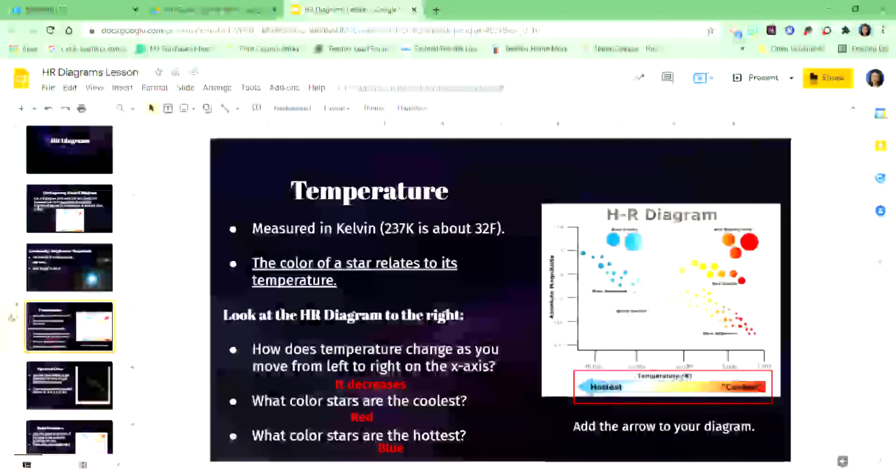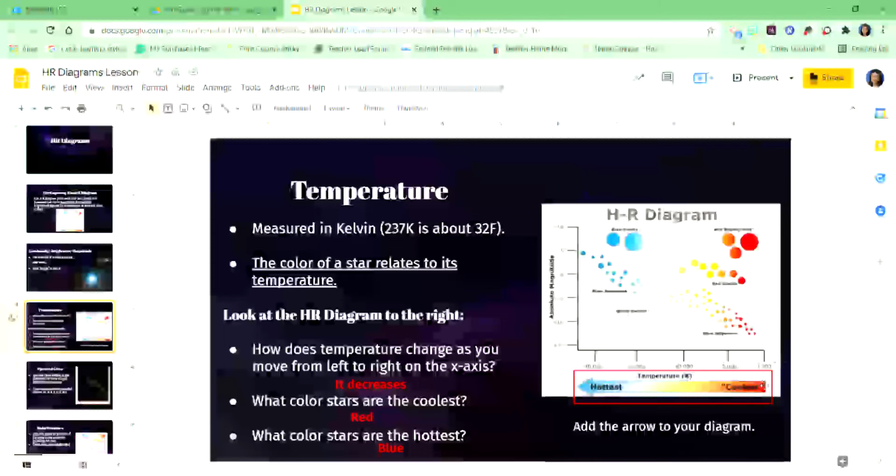If you look at the temperature right here, it is decreasing. Typically when we look at graphs in math, as you move further right, it increases. Well, the HR diagram, it decreases.